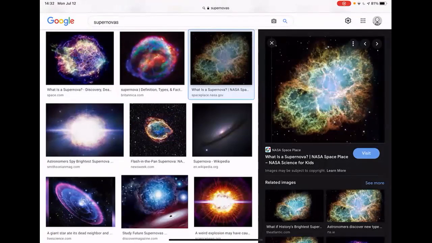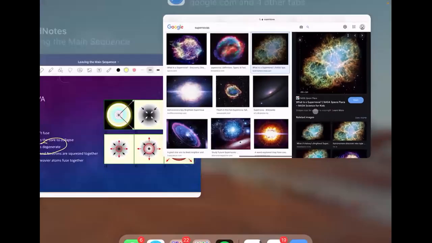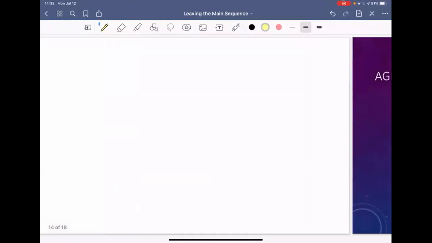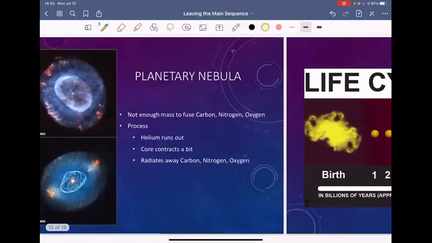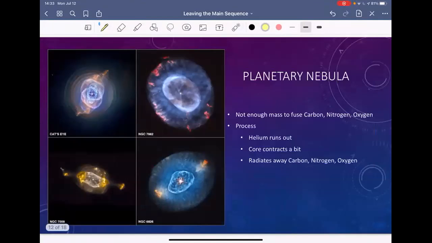If you look at this explosion, it's really different from our planetary nebula here. In this nebula, you can clearly see the layers. This is our hydrogen fusing shell. This is our hydrogen that wasn't ever burning. The same thing here, you see that hydrogen fusing shell and the different layers of the sun.